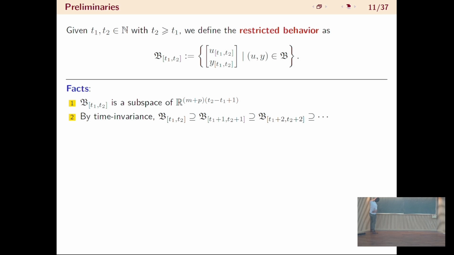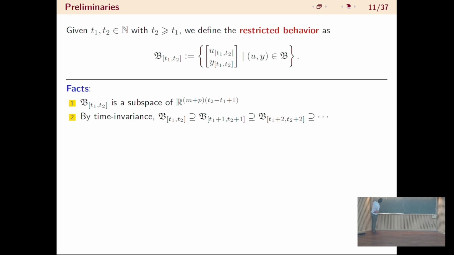So suppose that I look at this system. I choose both A and B to be 0, so it's a very simple system. Let's assume that all variables are scalars, so u and x are scalars.